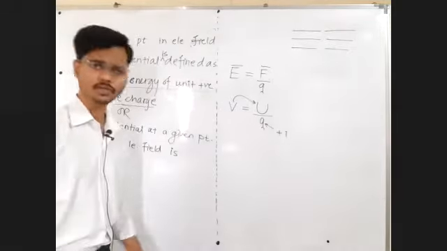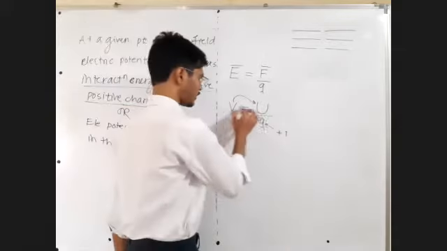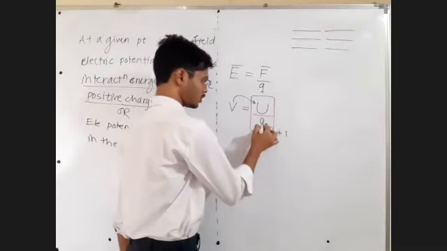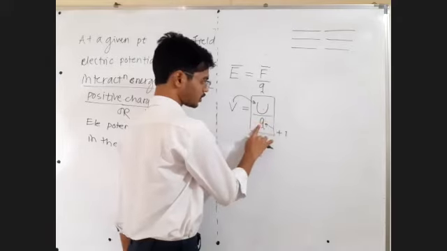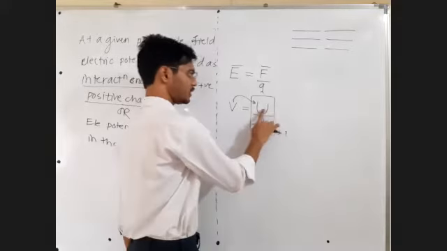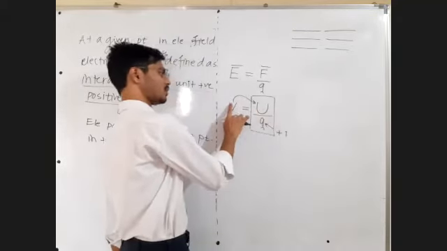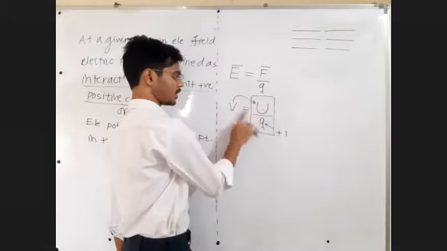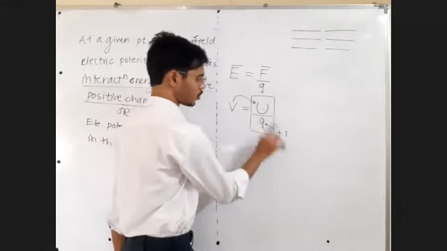If Q is not equal to +1, in that case, you have to find potential by this formula, U upon Q. But if you put Q equal to +1, then this energy numerically becomes equal to potential. Their units are different, but their numbers will become equal if Q is equal to 1.